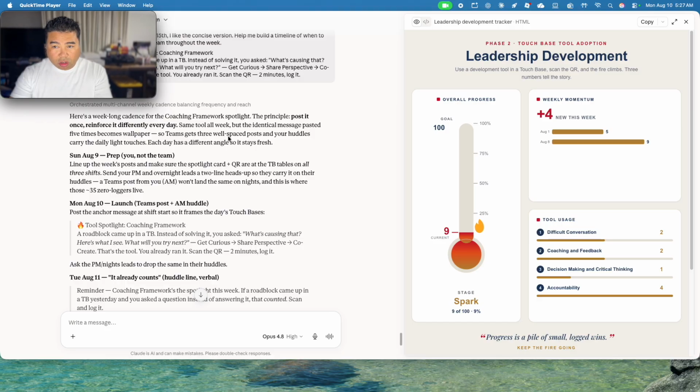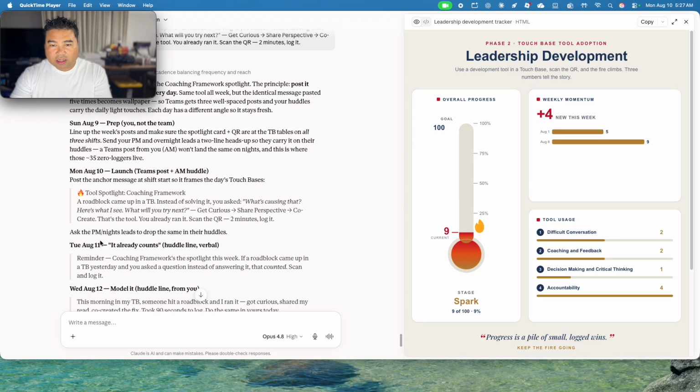Same tool all week, but the identical message pasted five times becomes wallpaper. So Teams gets three well-spaced posts, and your huddles carry the daily light touches. Each day a different angle, so it stays fresh. So it has something for us to share every single day.